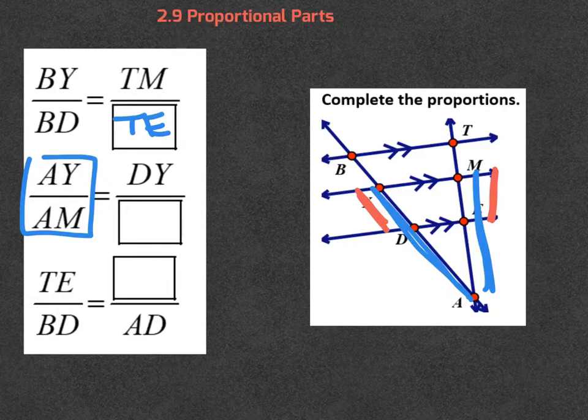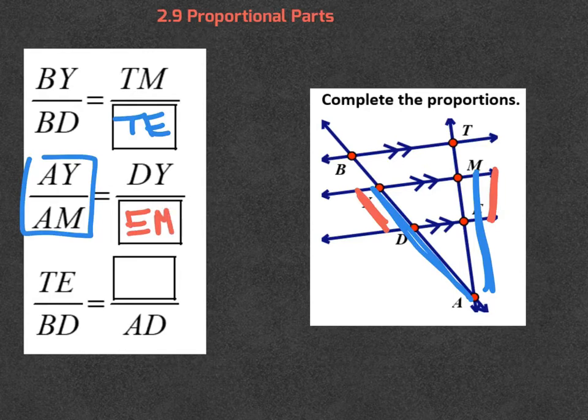So again, follow the logic, they said, all right, from A to Y and from A to M in that order. So we would follow the same order. That would be DY is to EM. So EM would be our value, E to M there.